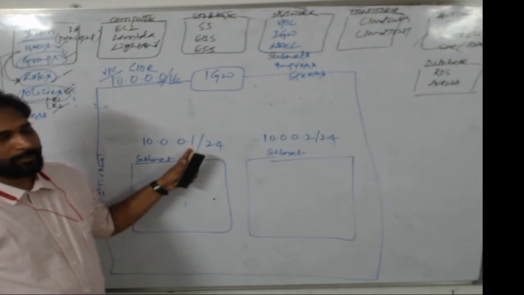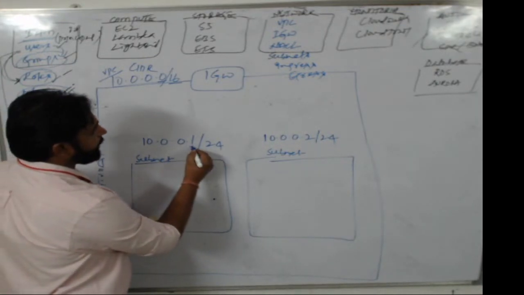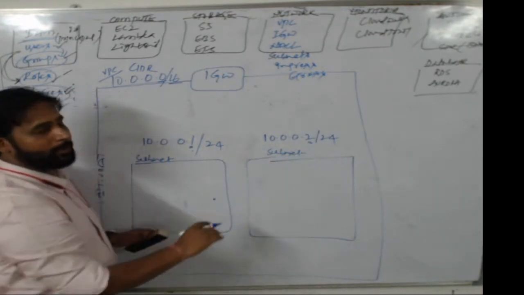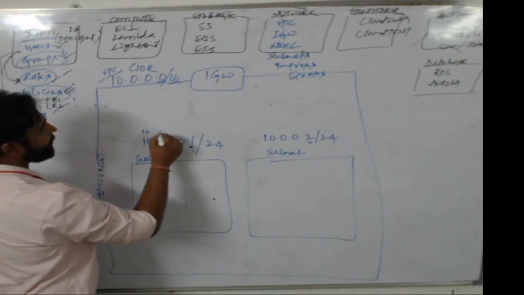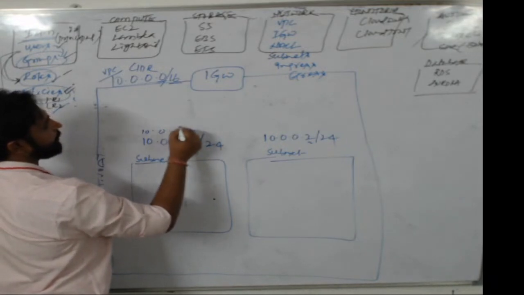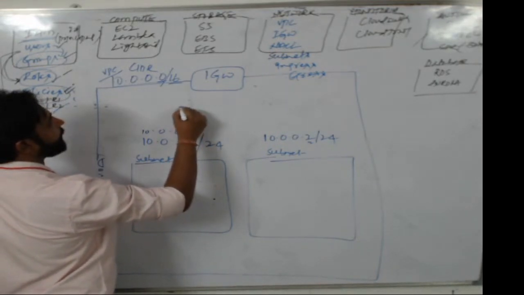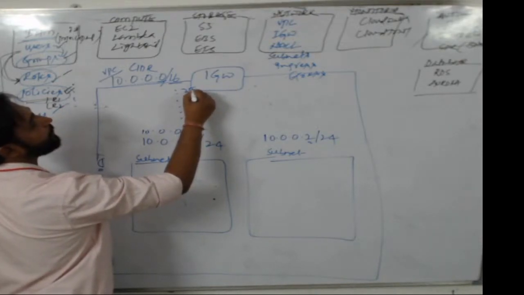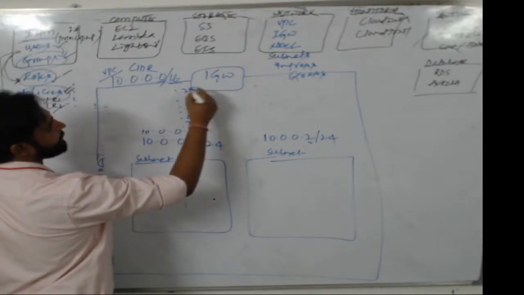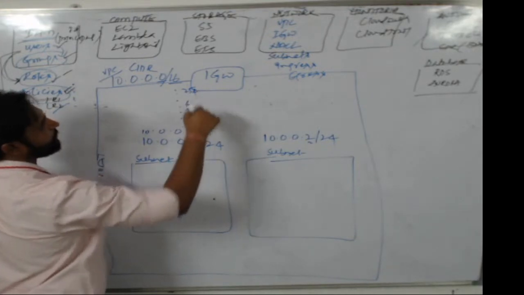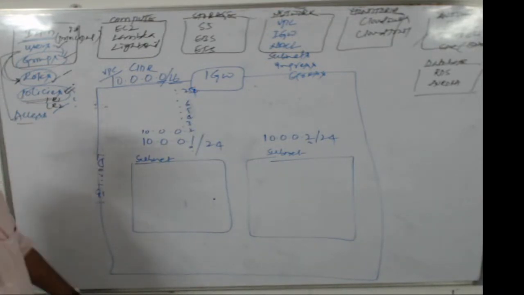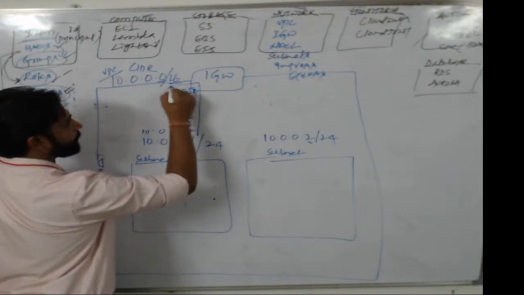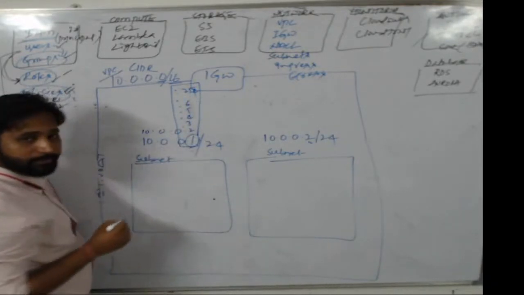So what you are essentially getting is 10.0.0.2, 3, 4, 5, 6 like this until 256, but the last is usually broadcast, so usually you stop at 254. So you're getting 254 IPs in that one range. All right?